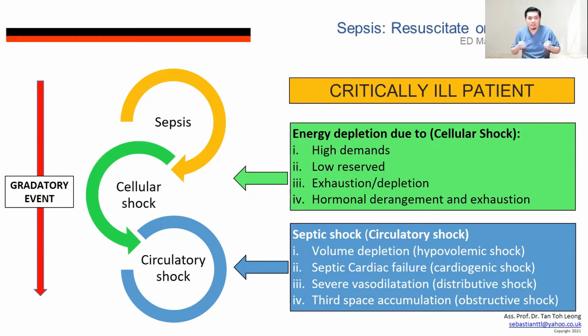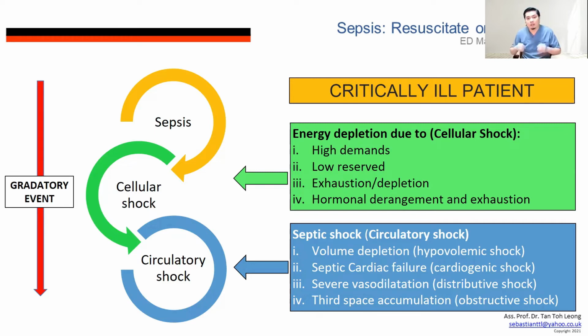When the patient goes from infection into sepsis, they usually start with cellular shock, due to energy depletion, because energy is used to combat the infection, causing high demand of energy and low reserve exhaustion, and also hormone exhaustion, which slowly causes the circulatory shock. The circulatory shock in septic shock is totally different from the circulatory shock in trauma and cardiac. That's why this is a gradual event, and we should tackle the cellular shock first before we tackle the circulatory shock.